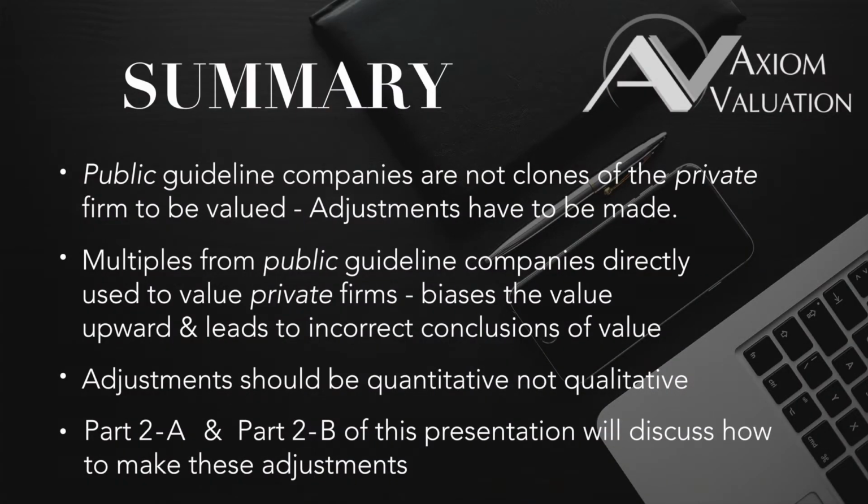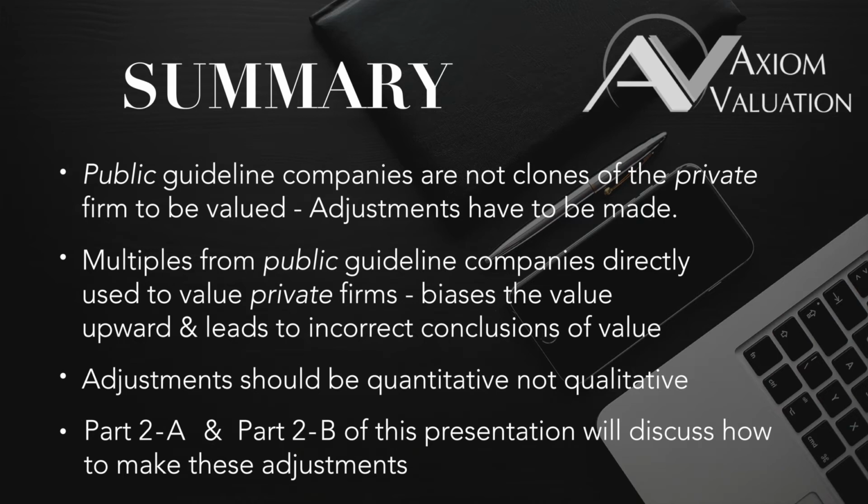So, to summarize part one of this presentation, where we looked at the theory of using guideline public firms to determine private firm enterprise value, we showed that public guideline companies are not clones of the private firm to be valued, and therefore adjustments have to be made.